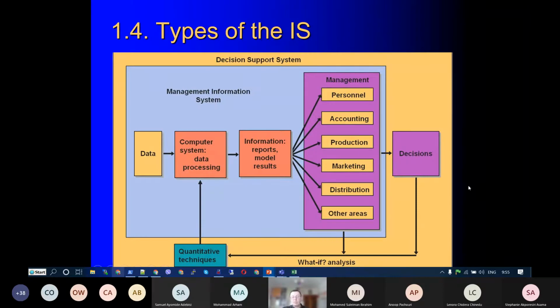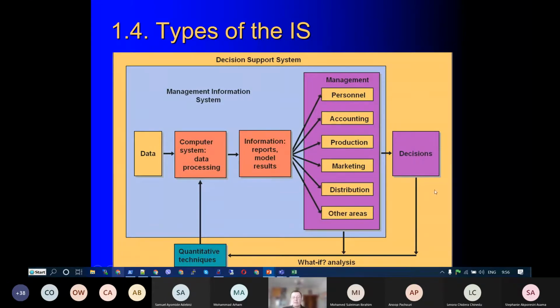Whereas a decision support system could extend this information with development of various kinds of suggestions and recommendations about what the manager or user has to do to address and resolve a given issue.